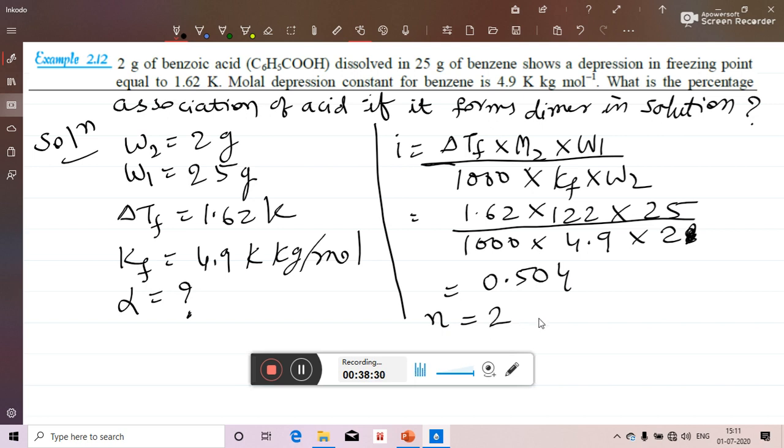It forms a dimer, so n equal to 2. So alpha is equal to i minus 1 upon 1 upon n minus 1. This is the equation to find out the degree of association, that is alpha.